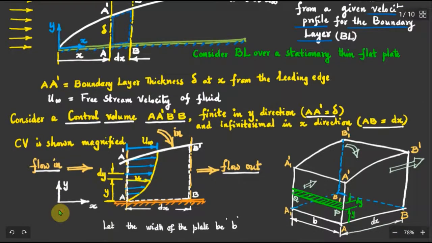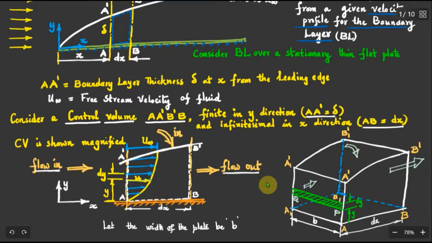Now consider this magnified view of the control volume A dash, B dash, B, and you have a three-dimensional figure over here for a better understanding. What essentially we will do is apply Newton's second law of motion for the flow through the control volume.